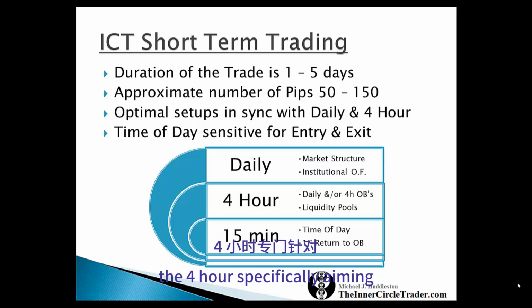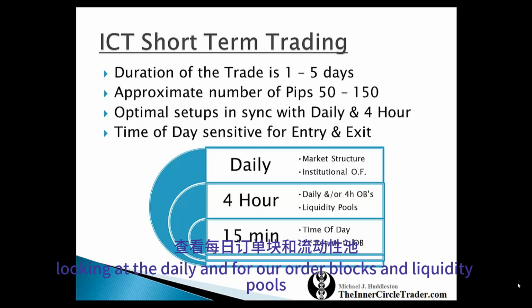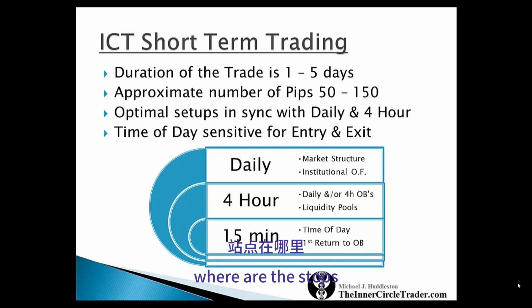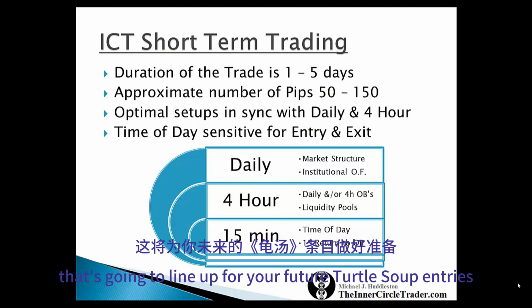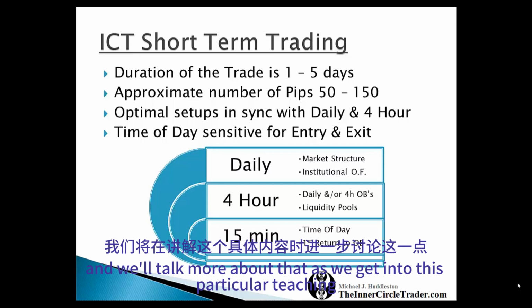The 4 hour, we're specifically looking at the daily and 4 hour order blocks and liquidity pools. Where are the stops? Because where the liquidity pools are, that's going to line up for your future turtle soup entries. And we'll talk more about that as we get into this particular teaching.